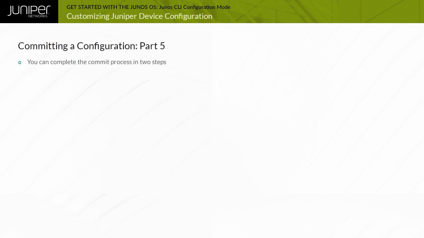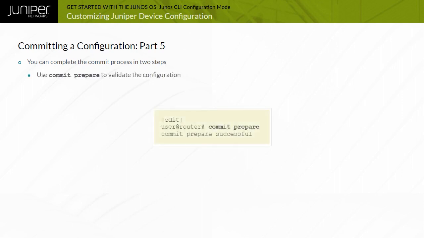Optionally, you can complete the commit process in 2 steps. This enables you to configure several devices, and the configurations can be activated simultaneously. In the first step, known as the preparation stage, the commit is validated and a new database along with necessary files is generated. If the configuration contains any syntax errors, an appropriate error message is displayed, and the configuration is not prepared.